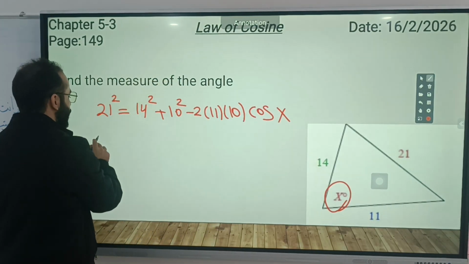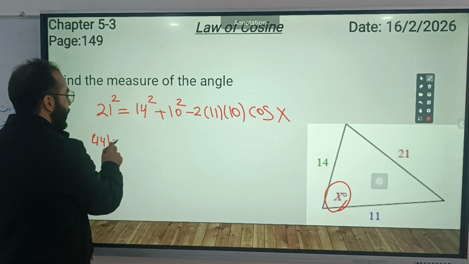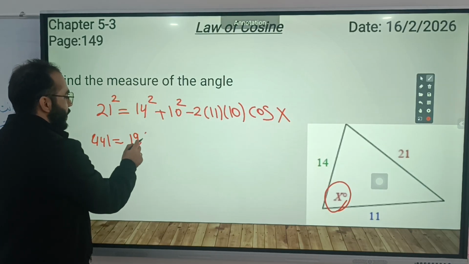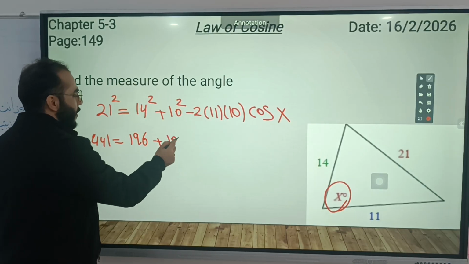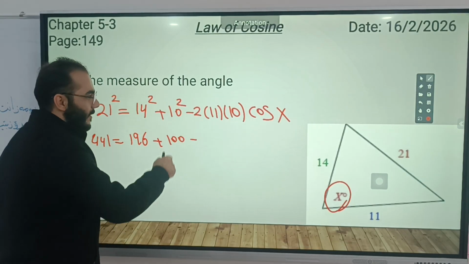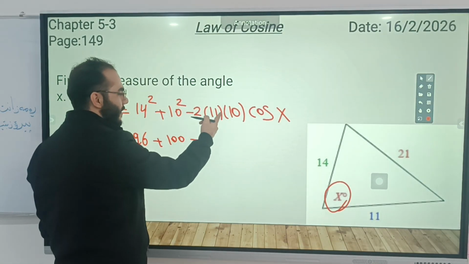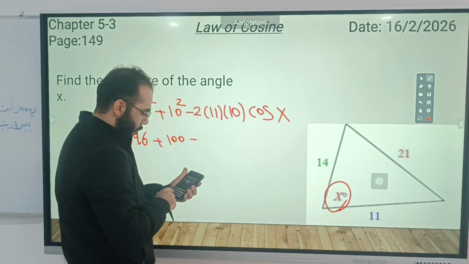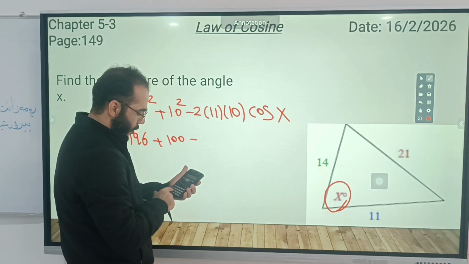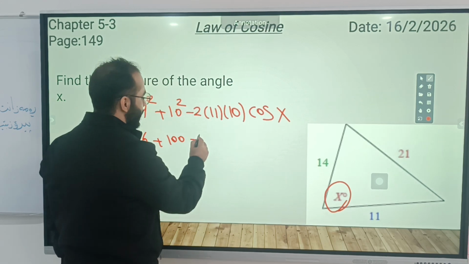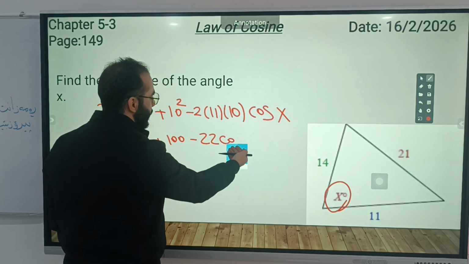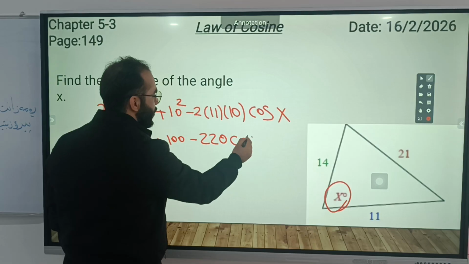All right, so 21 squared is equal to 441. 14 squared, 196, plus 10 squared, 100, minus 2 times 10 times 11, 220 cosine x.